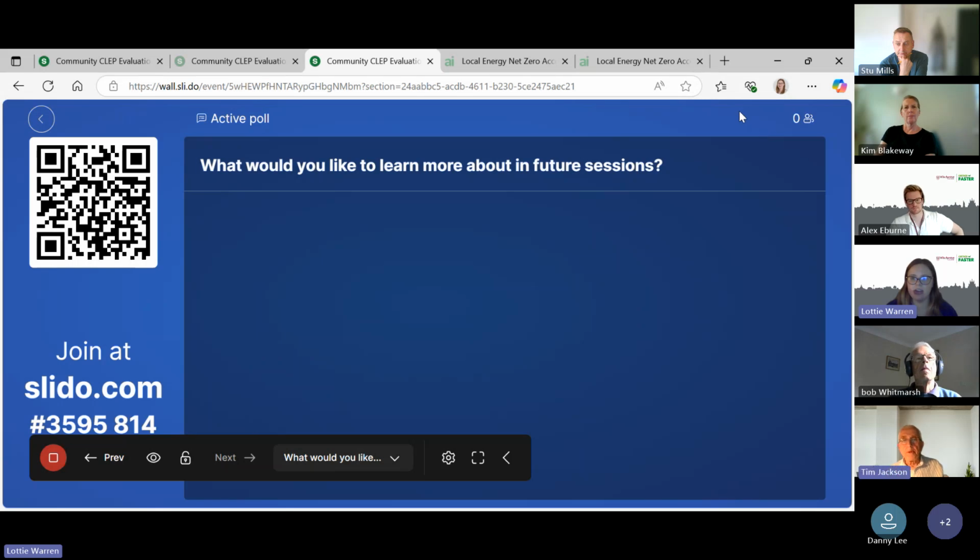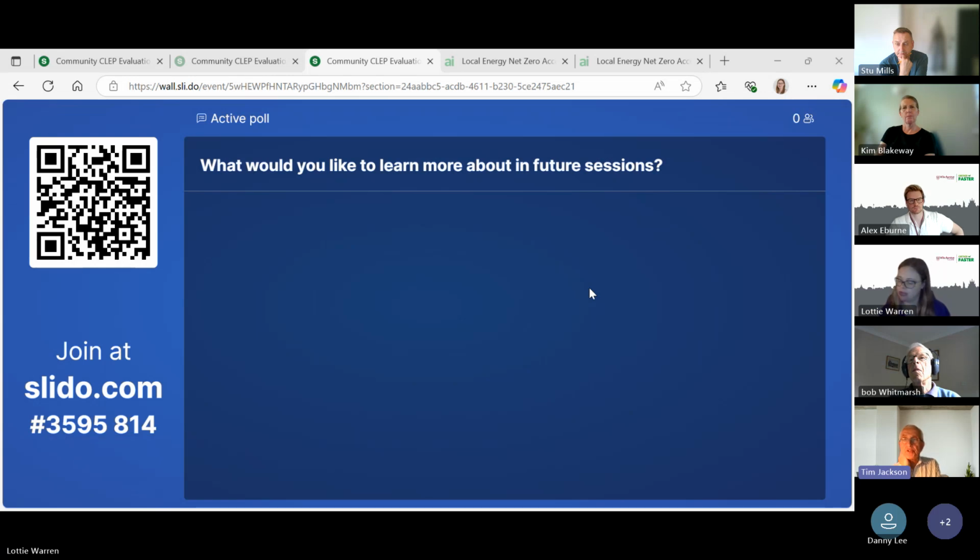Can't see anyone. Well, whilst people are typing, Lottie. Yeah, I just wonder about battery energy storage systems, and I'm thinking big ones. Whilst obviously domestic ones are brilliant, and let more of those take place, the maps that you showed didn't show one of the biggest assets in the area, which is a large battery.